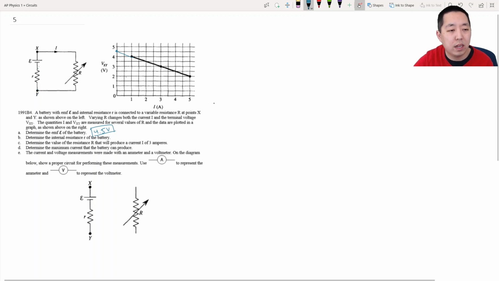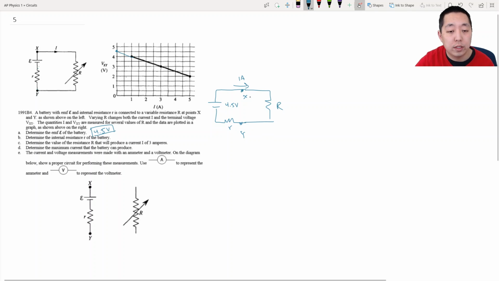Let me redraw the picture a little bit, so that it's easier to understand. This is X, and this is Y, and that's what we vary as R varies here. I know that this is 4.5 volts for this battery. For example, when 1 amp is flowing through here, I know the voltage across here is 4 volts.